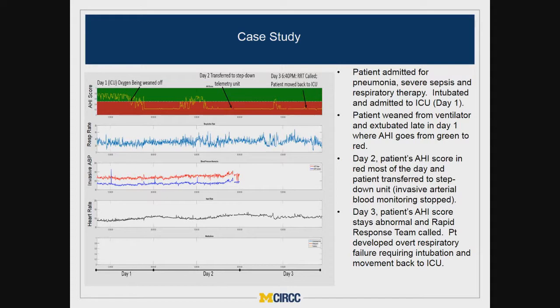It kind of goes up and down, but for the most part it goes red, and no one's really doing anything. He gets weaned, and according to all the regular vital signs and respiratory parameters he is okay, and they pull his A-line out. He continues to have ECG monitored, and they transfer him to the floor. And then hours later, a code is called, and he's got to go back into the unit and be re-intubated.